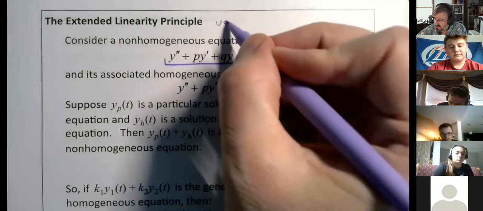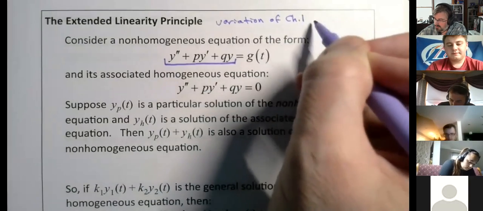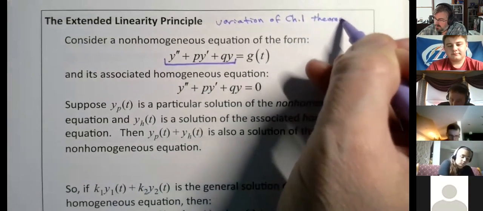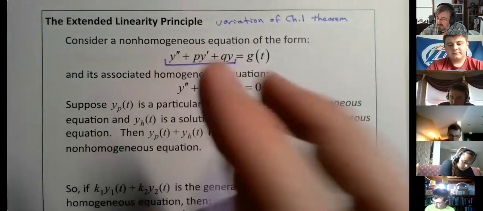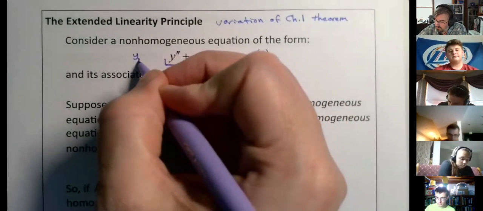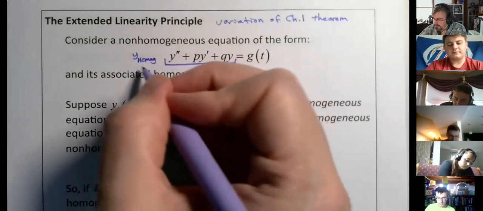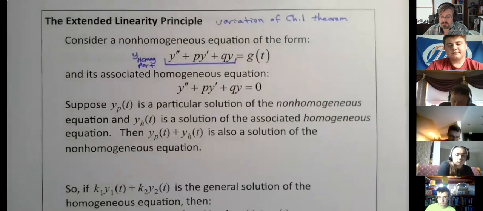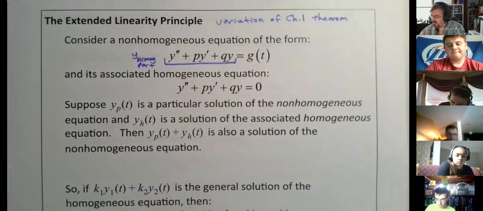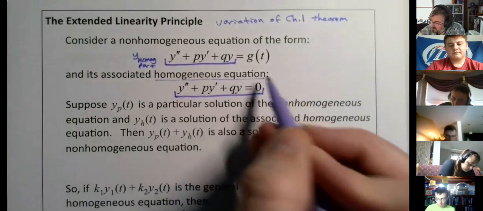This is a variation of the chapter 1 theorem that has to do with second order differential equations. Over here, this is what makes it non-homogeneous. So all of this stuff right here, that's the homogeneous differential equation, right?